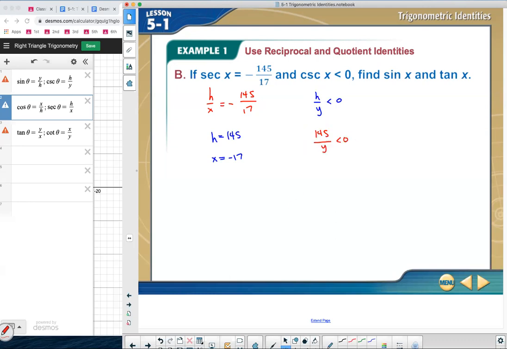Okay, if I were to divide both sides by 145, easier way of writing this is multiply by 1 over 145. I could discover that 1 divided by y is still less than 0. Now, the only way 1 divided by any number could be less than 0 is if y itself were negative. If y is any positive number, then a positive divided by a positive is going to be positive. So this means that y has to be less than 0. It's the only way mathematically this can be possible.